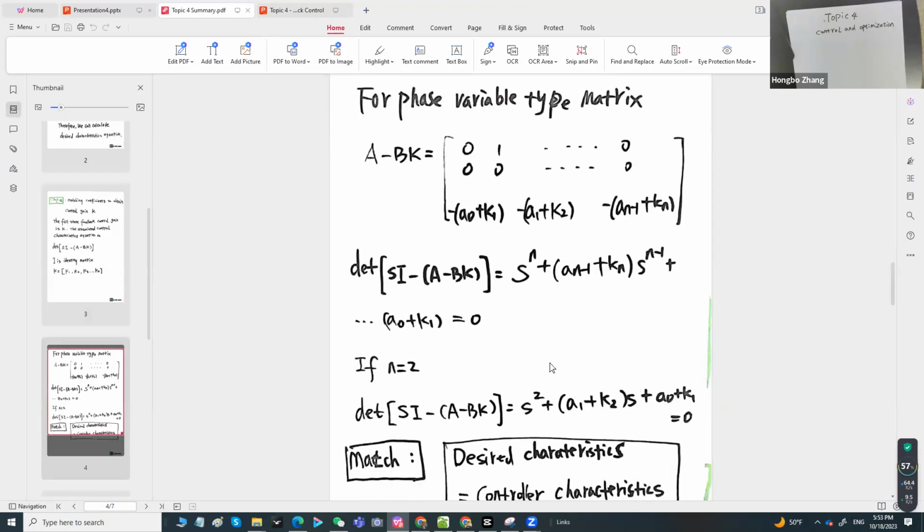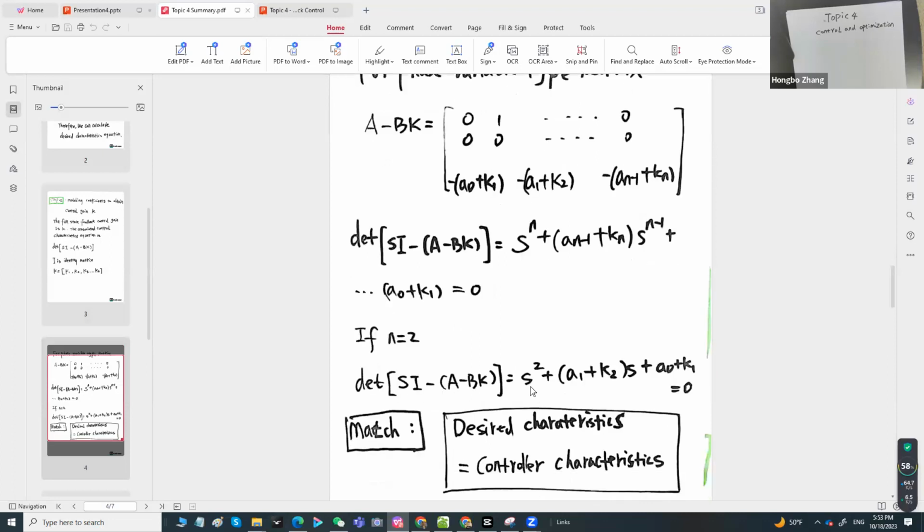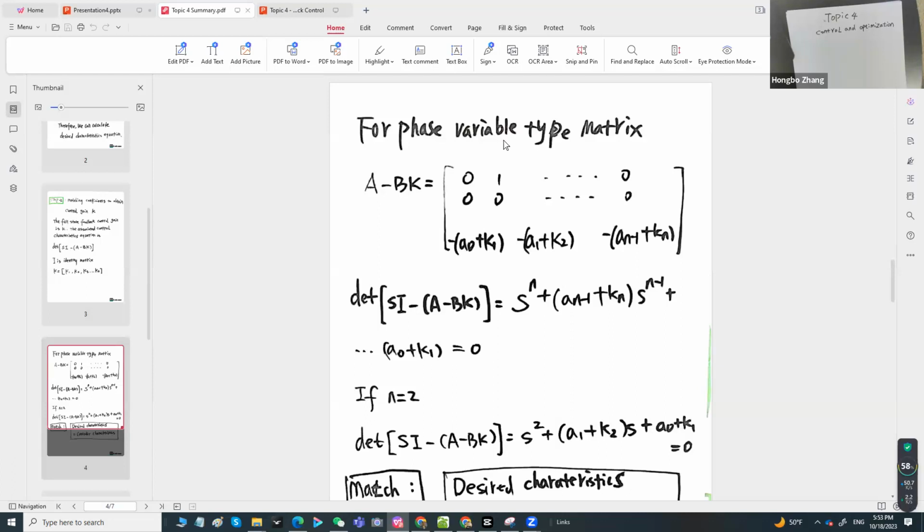And let's say for a second order system, this should be S squared. Here for phase variable only. Let's see for phase variable. So this is a phase variable matrix, right? What does it look like? There's the first row, the second row, the third row, and the last row.